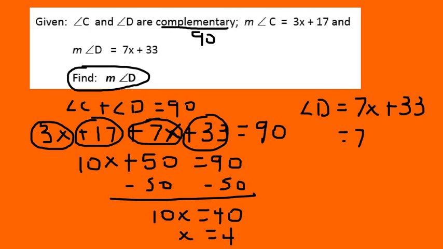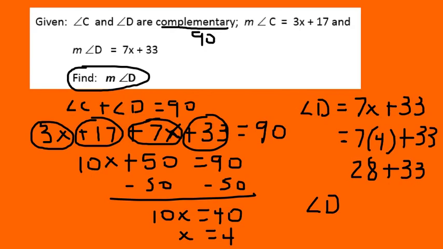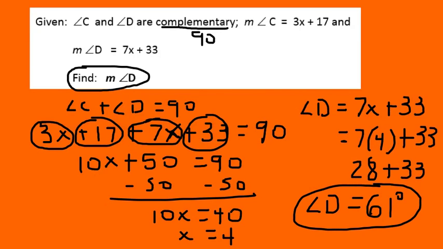So we'll go ahead and plug in what we know, 4. We'll multiply that out. So 28 plus 33. And angle D will have a value of 61 degrees. There's our final answer.